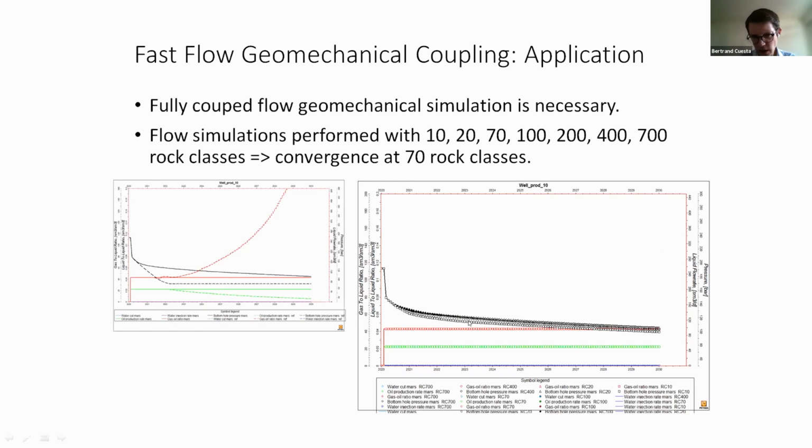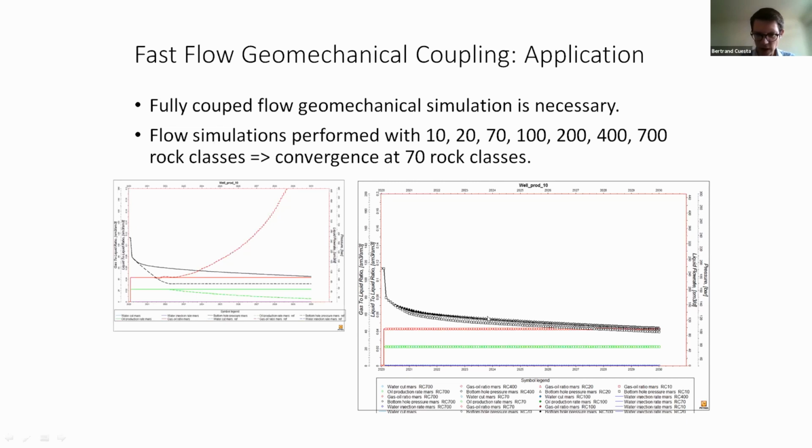The symbols correspond to a different number of rock classes. The small square represents the case with 10 rock classes, then the triangle is 20, and another symbol represents 70. What we see is that with more than 70 rock classes, we reach convergence.